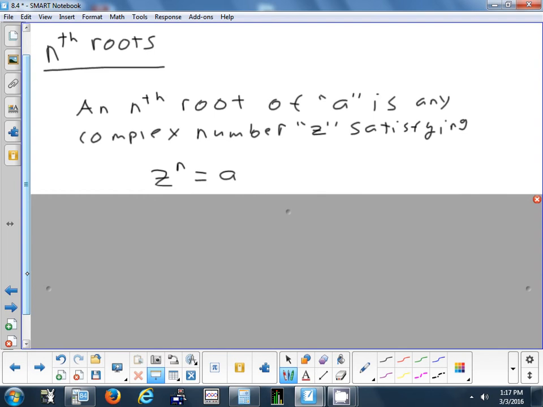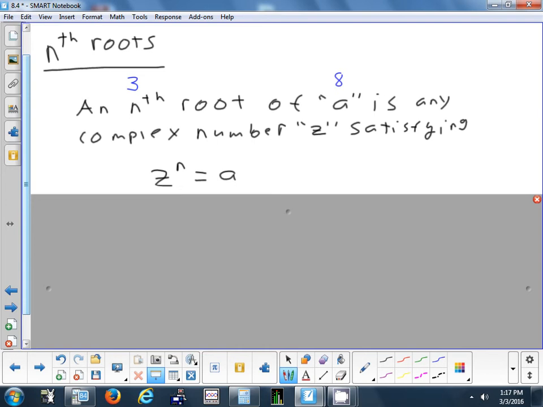All right, so nth roots. What we're finding here is not necessarily just square roots or cube roots, but any root. And this is the equation that you want to set up if you want to find an nth root. Let me show you why it works. Let's say I want you to find a cube root of 8.